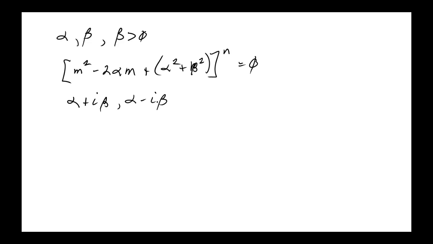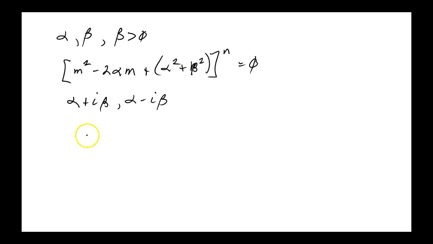Now, I don't know if you've done the math to do that yet. And by the way, both of these have multiplicity n, because that whole quadratic is raised to the nth power. Let's take just a moment and see what the quadratic formula tells us.